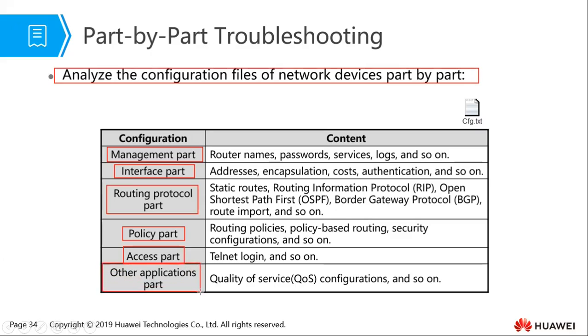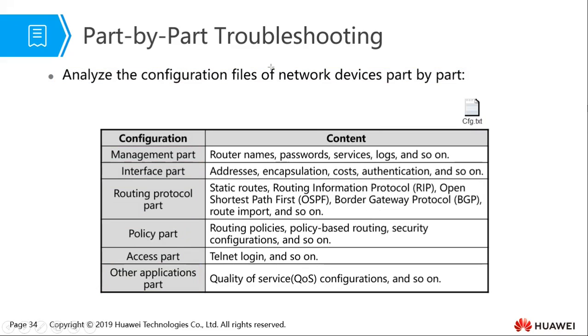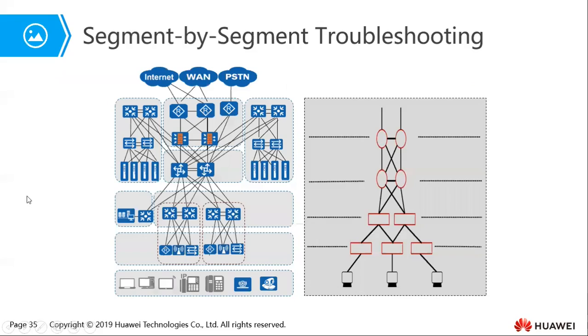And for the other applications part, you're checking, for example, the quality of service configurations and whether they are being implemented correctly. That is what we call part by part troubleshooting, where you are moving from management to interface, routing protocols, etc.